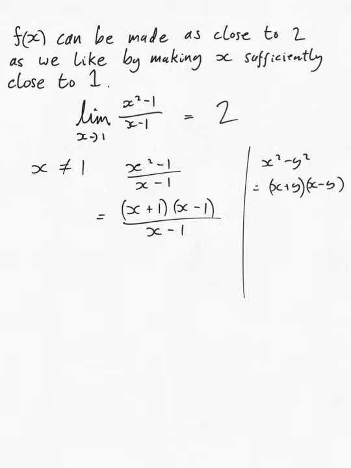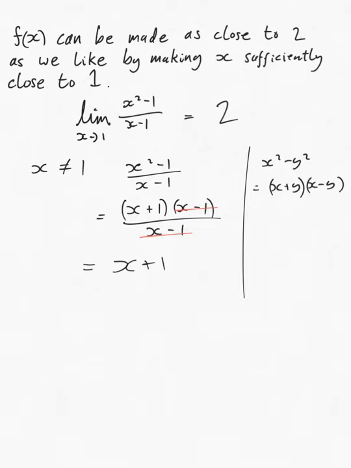So now, if we know that x is not equal to 1, or we're leaving that point out, we can divide the top and bottom of this equation by (x minus 1). So we basically cancel these two terms with each other, and we just get x plus 1. So if we leave out that point x equals 1, we find that this function is just equal to x plus 1.